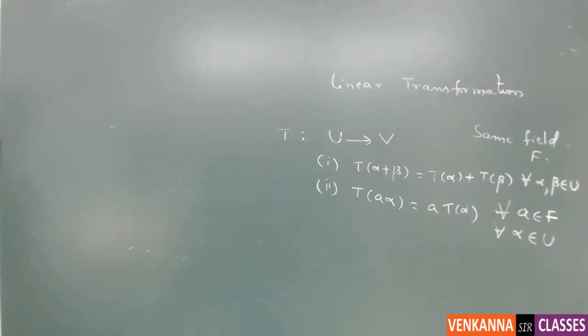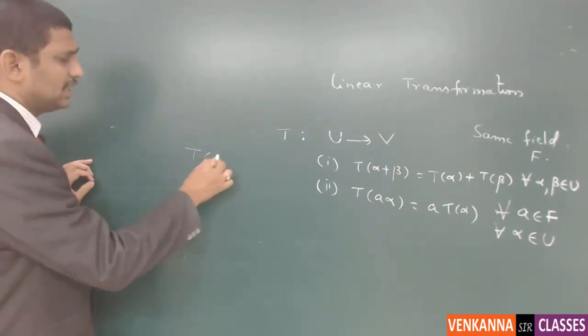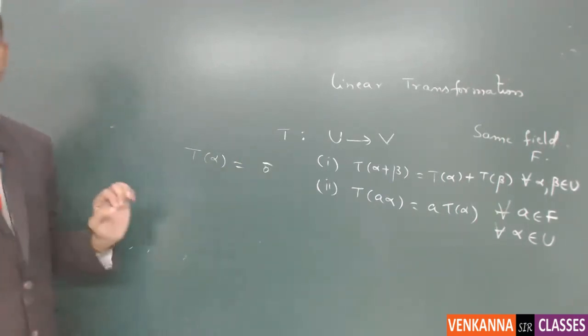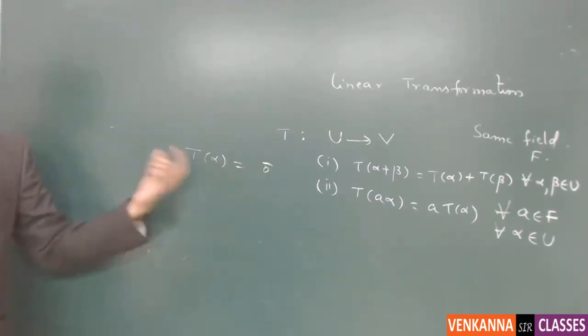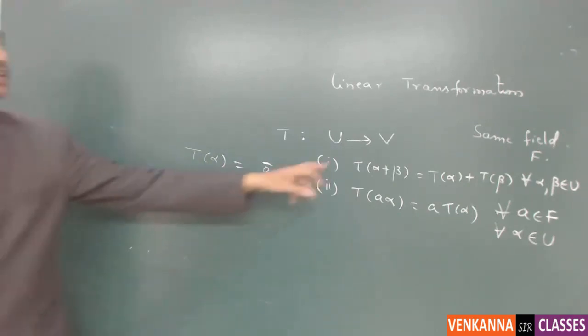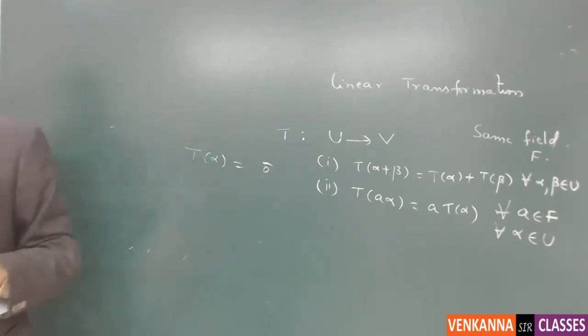So it is possible to define a linear transformation always, because you simply take T of alpha equal to the zero vector. It is just like the zero function. It satisfies the two properties, so by default it is a linear transformation.